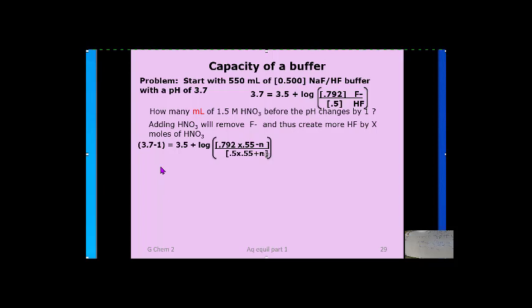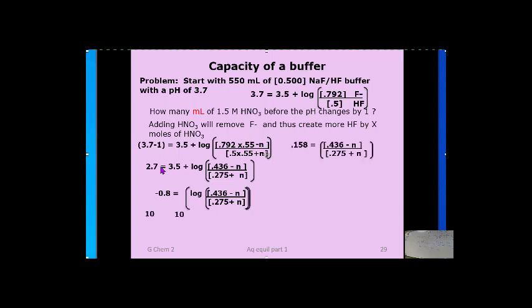So it looks like this. Same sort of problem. Solve it out. Next move, multiply this over, right? And distribute. Raise the power of 10 first. Then multiply this over and distribute.